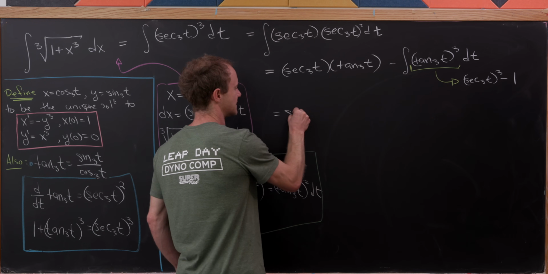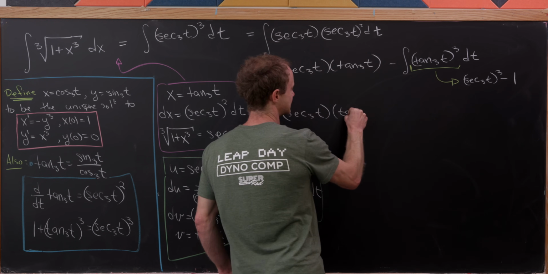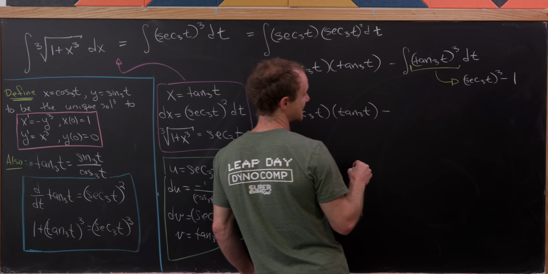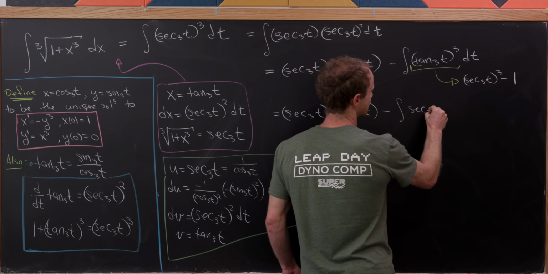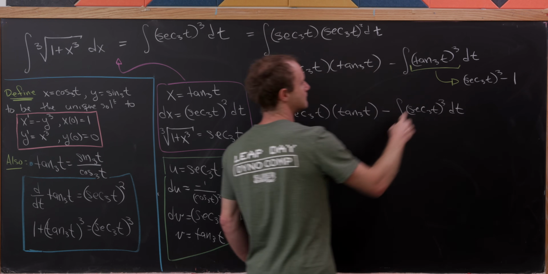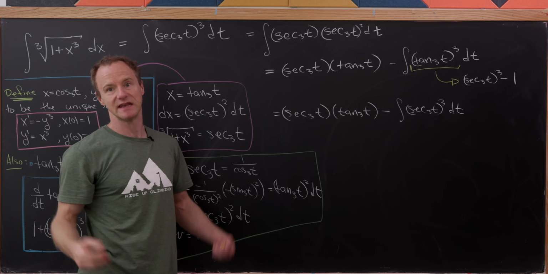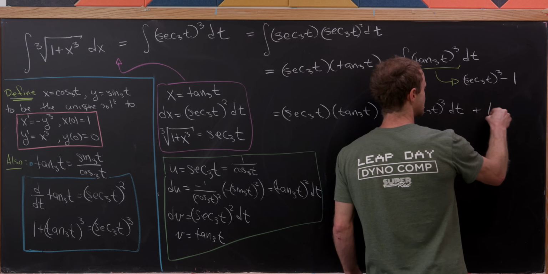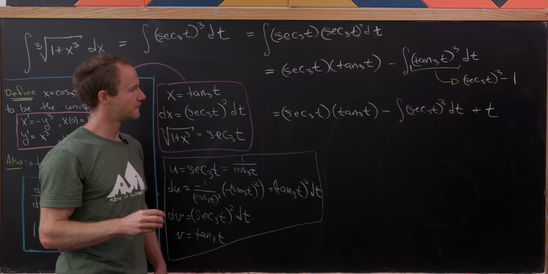So this is going to be the secant 3t times this tangent 3t, and then minus, well, let's see. We'll have the sec 3t cubed dt, and then minus the integral of dt. Well, minus negative the integral of dt because we've got two minus signs there. So that's going to be plus. I'm just going to write it as t because we can integrate that out.